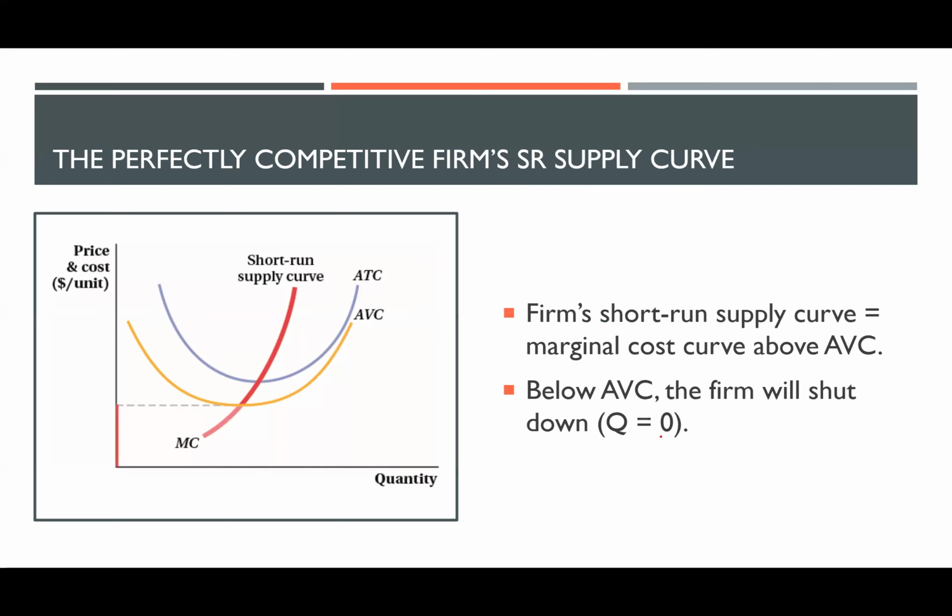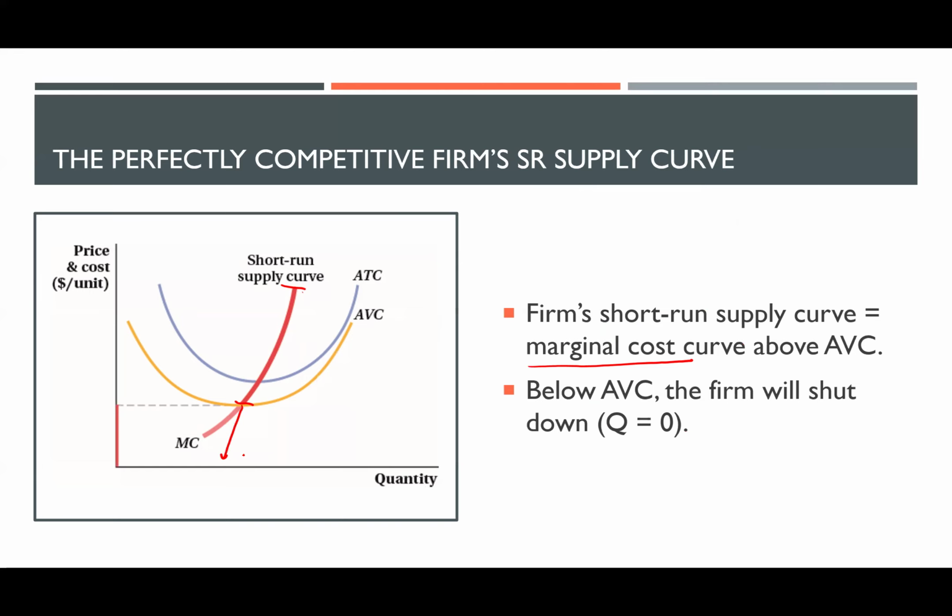The firm's supply curve is going to be their marginal cost curve, but a specific portion of it. It's only going to be that portion of the marginal cost curve above the minimum point of the average variable cost curve. At or below average variable cost, the firm is going to shut down.